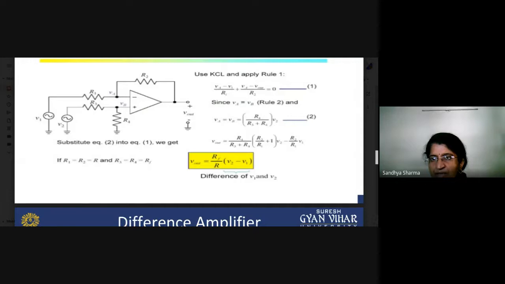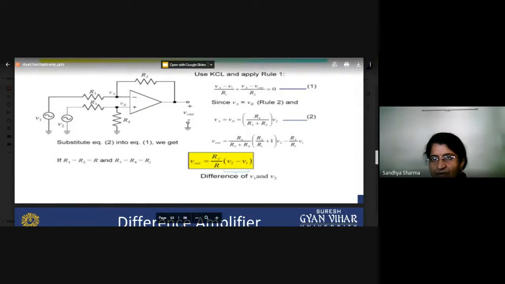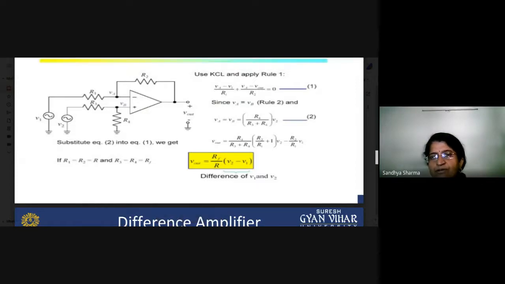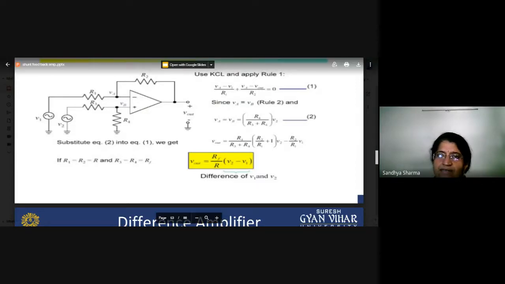You can calculate VA and VB. We have to give this V2, and since we are applying the voltage at the non-inverting terminal, our gain is equal to 1 plus RF by R1. Instead of RF, here we are indicating R2. Your non-inverting input signal gain is equal to 1 plus RF by R1.